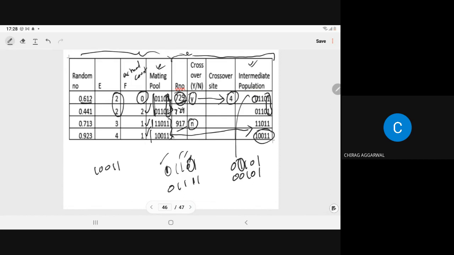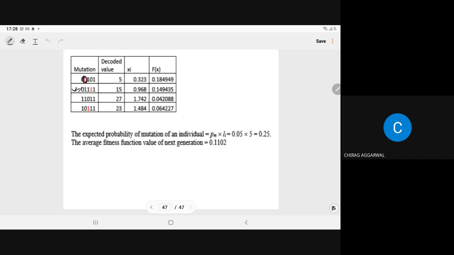So it is 16, 17, 18, and that will change. So we have 1, 0, 1, 1, 1.